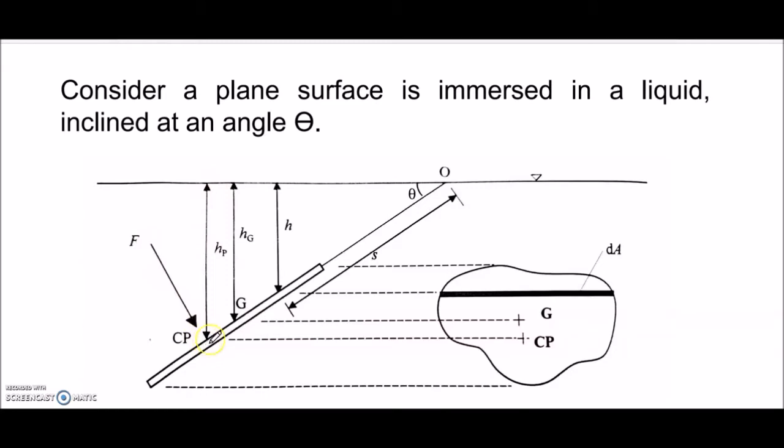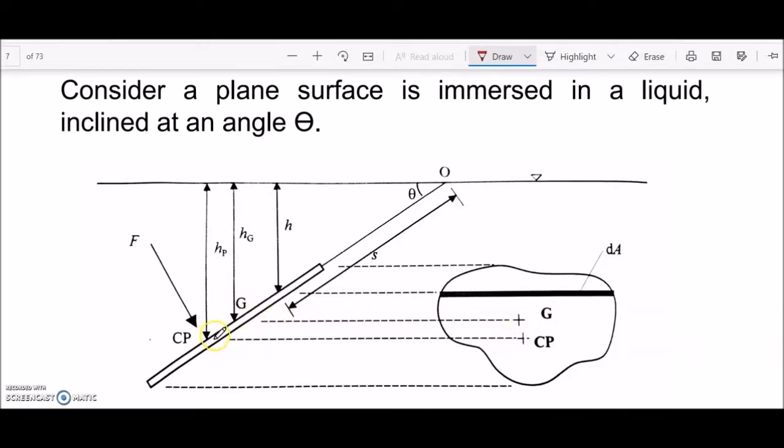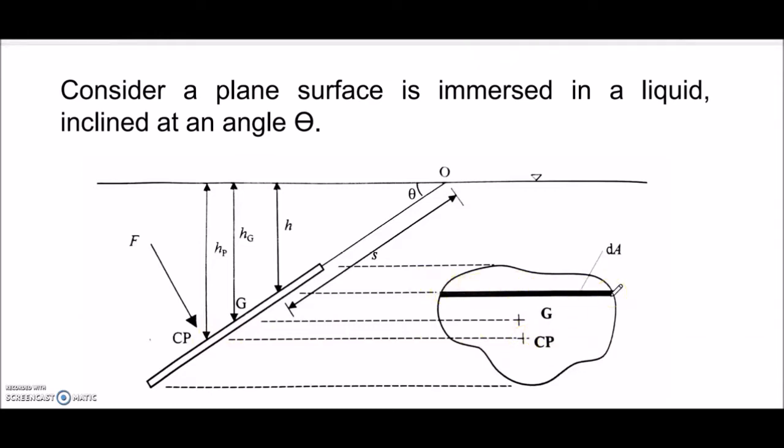When we project this inclined surface into this area, we can see the center of gravity is here and the center of pressure is here. So this is the difference, and this is the area of the inclined surface.